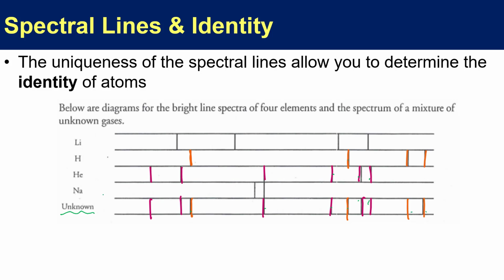I can rule out sodium because sodium has a spectral line pattern here that this mixture does not have. I can also rule out lithium because lithium is missing these spectral line patterns. So it is almost like doing some sleuthing using DNA, except we are using light.